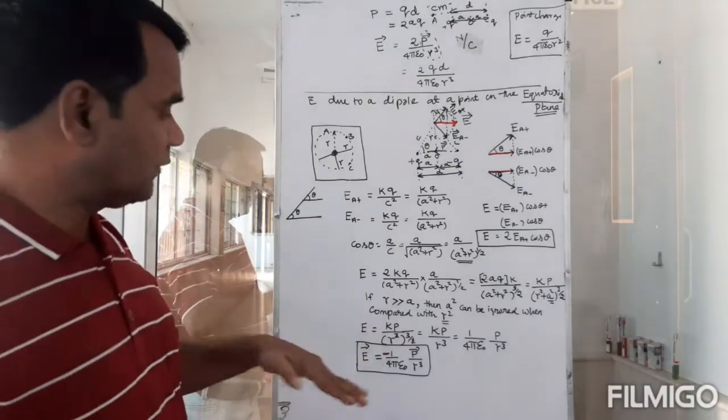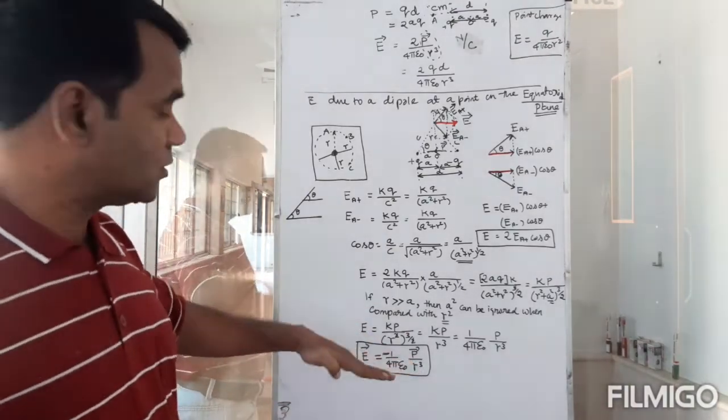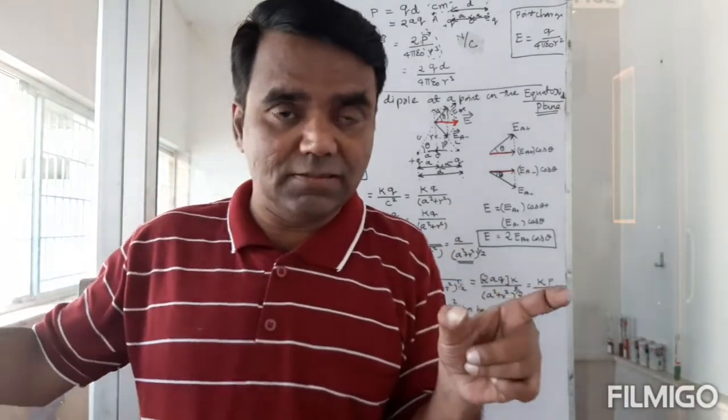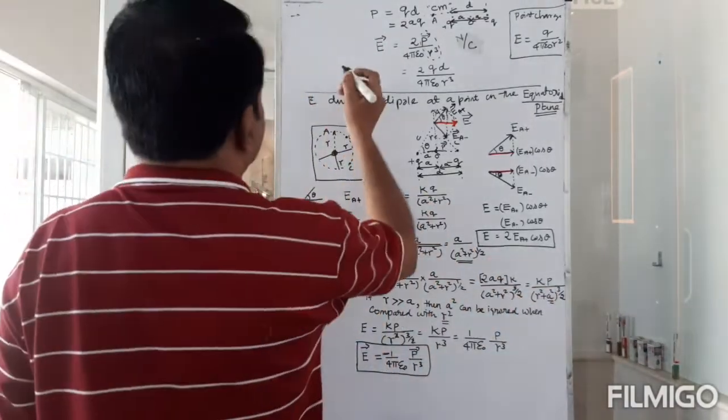So, if you compare what we found for the electric field due to the dipole along its axis, what did you find?